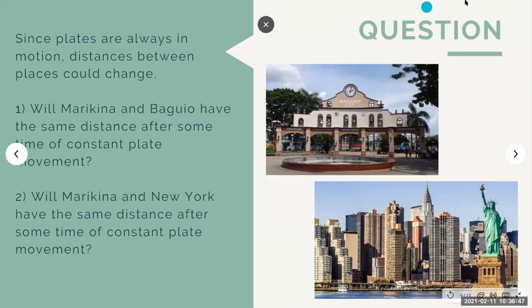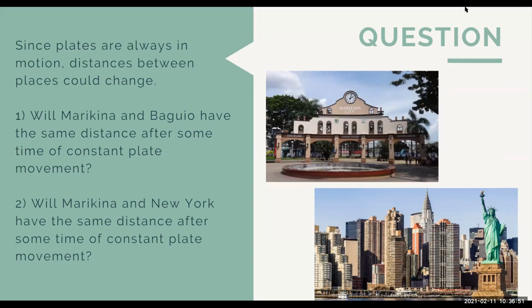Okay, sabi ni Miss Doria, no. Si Zai, no. How about the others? Will Marikina and Baguio have the same distance after some time of constant plate movement? Anyone else? How about yung iba?